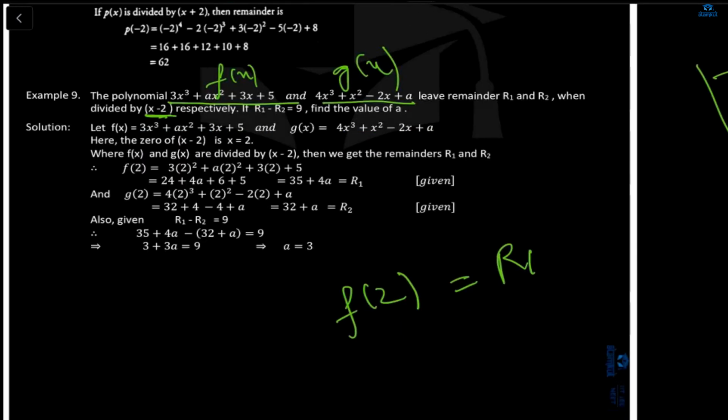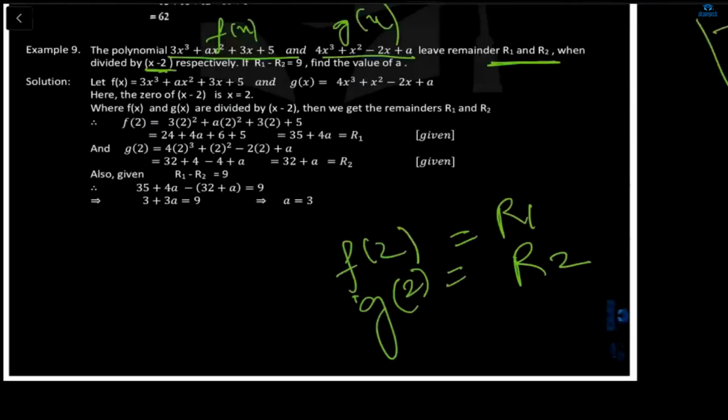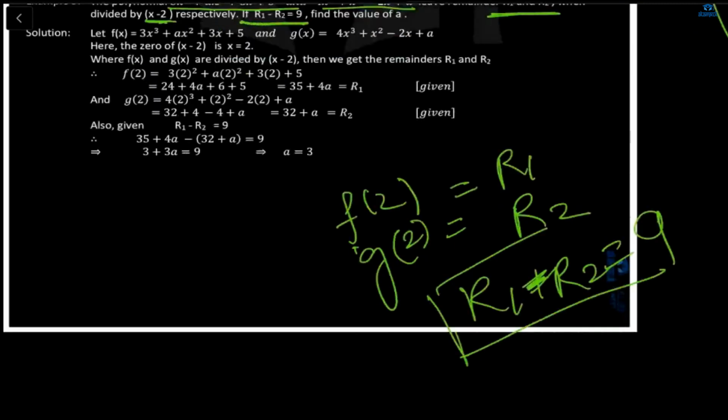And G2 will be equal to R2. Understood? Now the equation is also given to you here: R1 minus R2 is equal to 9. Whatever values you get of R1 and R2, you have to form an equation of this, and there only you will get the value of A.